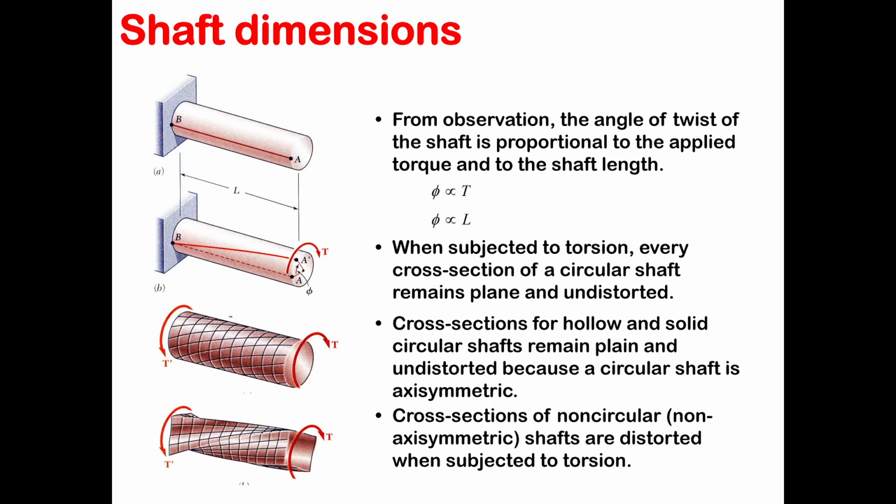As is obvious from the two pictures, if you apply this torque you get a planar circle here, but when you apply the torque to a square shaft, there's obvious distortion. You can see that. So we cannot make this assumption for a square shaft, right?